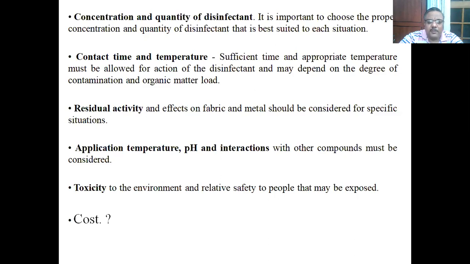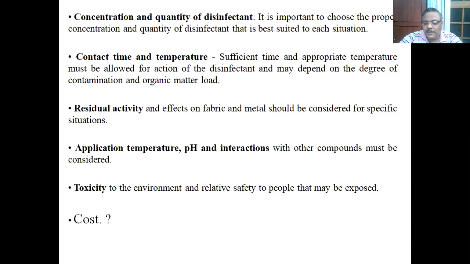Next is the residual activity. The effects on fabric and metal should be considered for the specific situations. The application temperature, pH, and interactions will also affect the chemical reaction going on. We should also take into account that the chemical reaction should not be such that the surface that we want to sterilize gets destroyed.